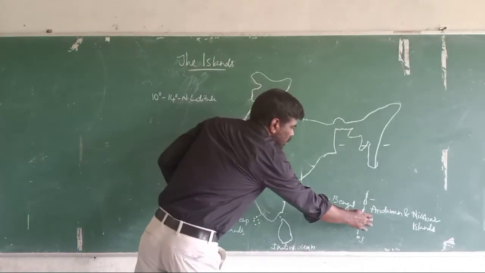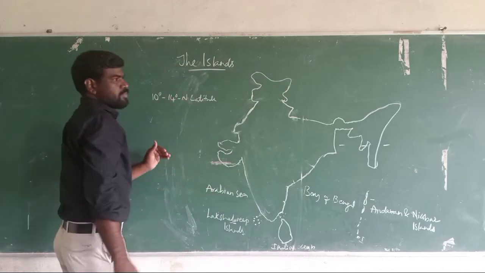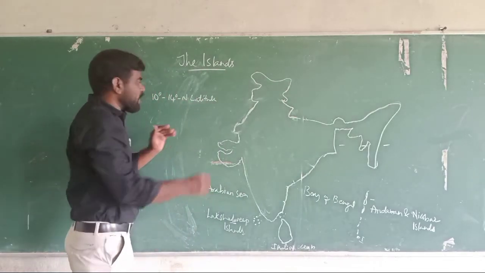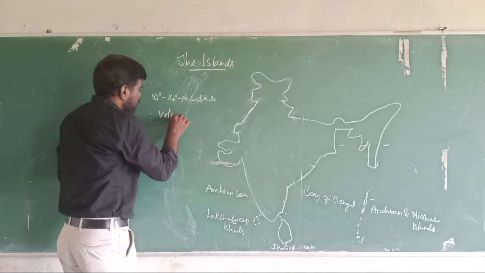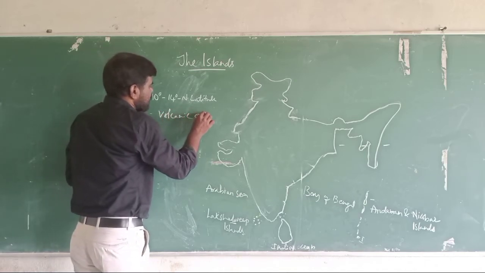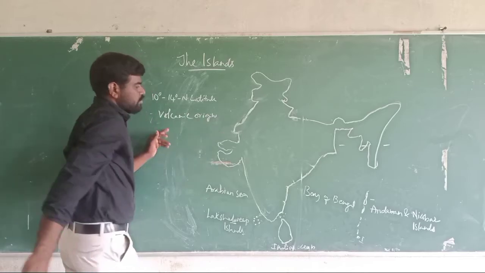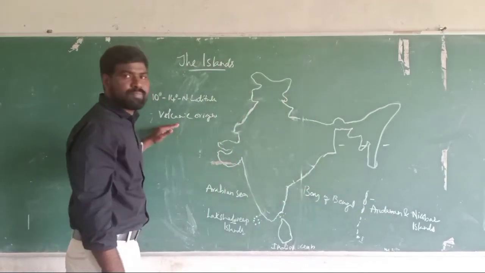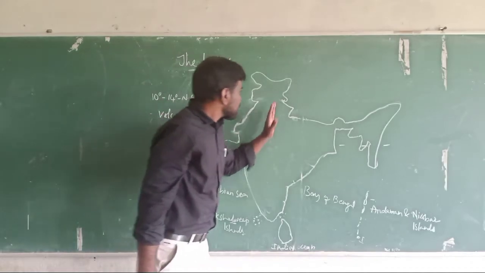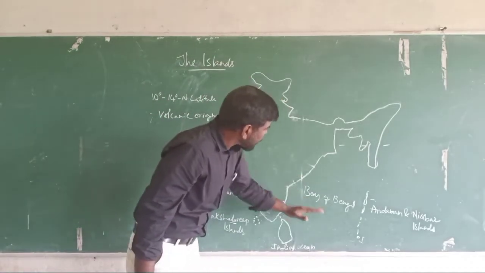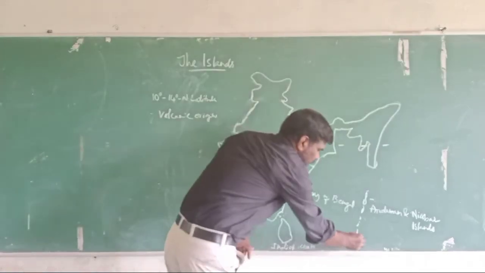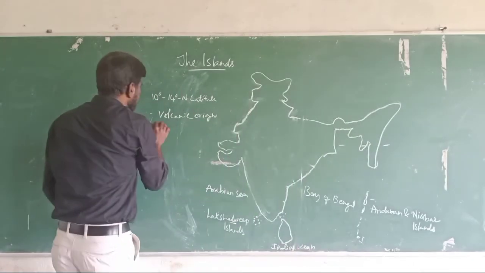In the Andaman and Nicobar Islands, Narcondam and the Barren Islands are of volcanic origin. The southernmost tip of our country is found in the Nicobar Islands, that is Indira Point.